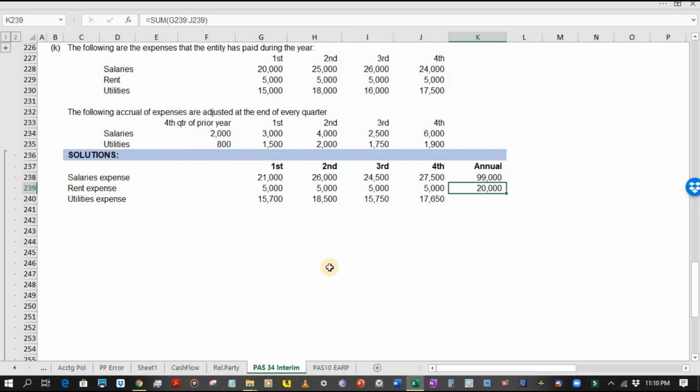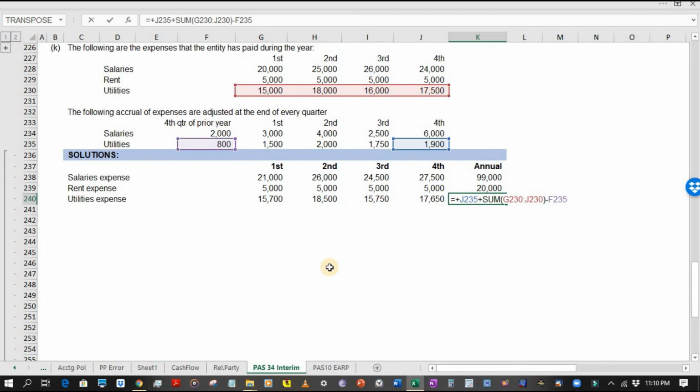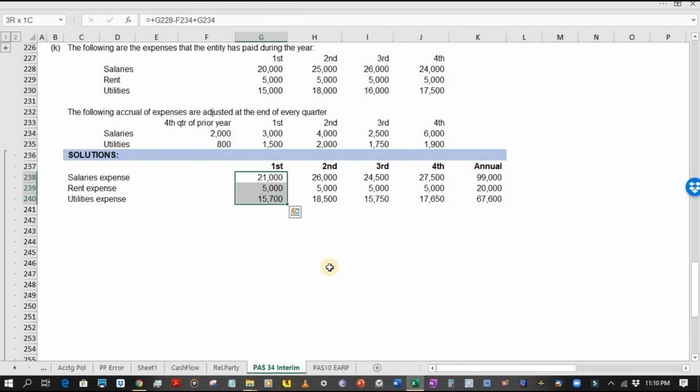For the utilities expense, the total in the annual income statement is 67,600, which is the total of the four utilities expenses recognized in each quarter, or it could be computed as the ending balance of 19 plus all payments for utilities less the beginning balance of 800 pesos. So these are the amounts that will appear in the income statement. These are for the quarterly income statement, which is non-cumulative, and this is for the annual income statement.